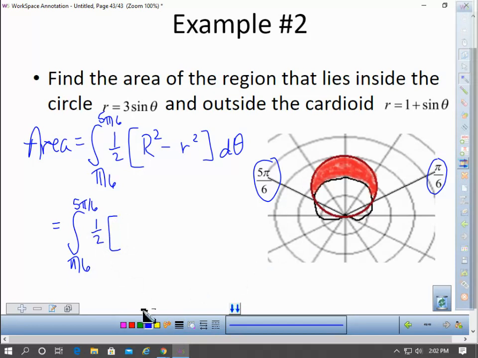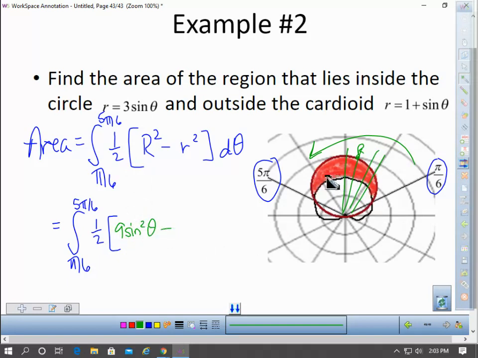I think about this again as a little lighthouse, moving from left to right and sweeping out the ray from the pole. As it does so, the furthest away curve is out here. So that's my big R, and that's going to be the circle, and it's the circle all the time. So the circle is the big R, 3 sine theta, squared, so I'm going to go ahead and square that and make it 9 sine squared theta.